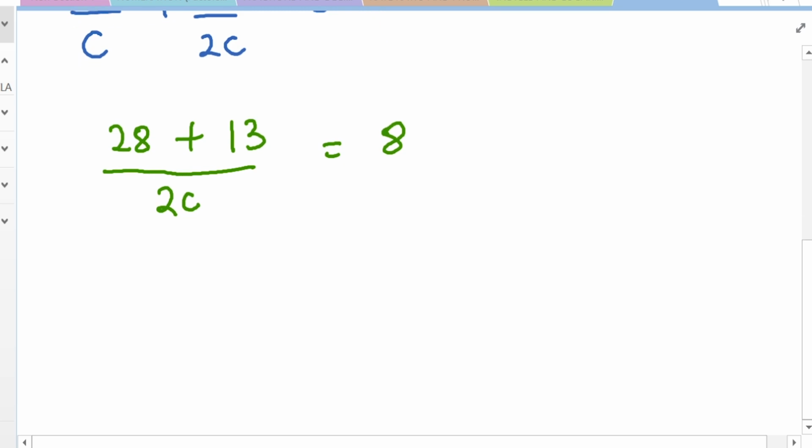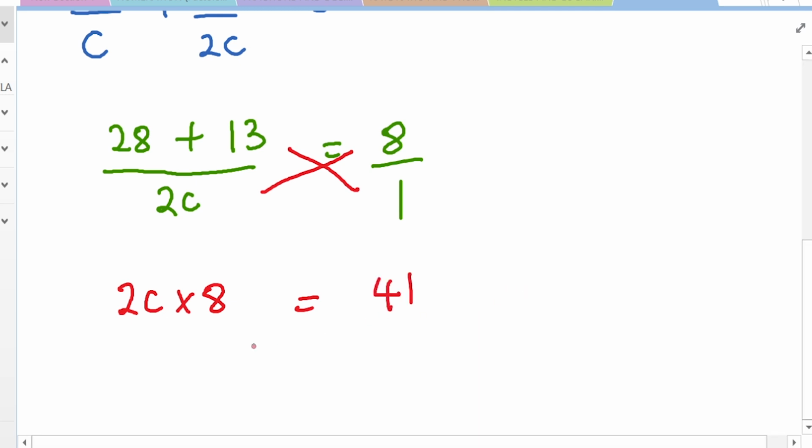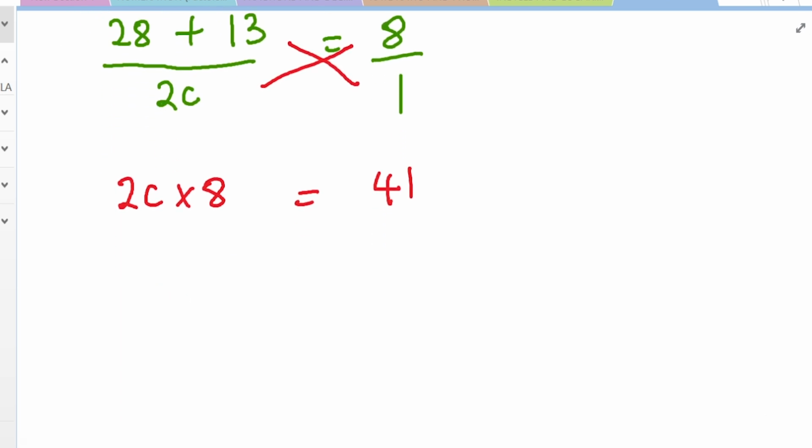So from there, we can go right ahead. We can make this be divided by 1. We cross multiply. When we cross multiply, we have 2c times 8, giving us 28 plus 13. What is 28 plus 13? It's 41. So 2c times 8 is definitely going to be 16c, giving us 41.